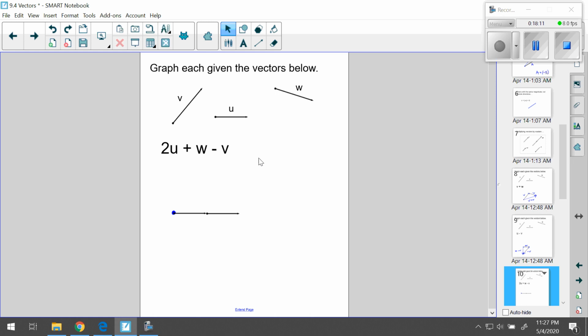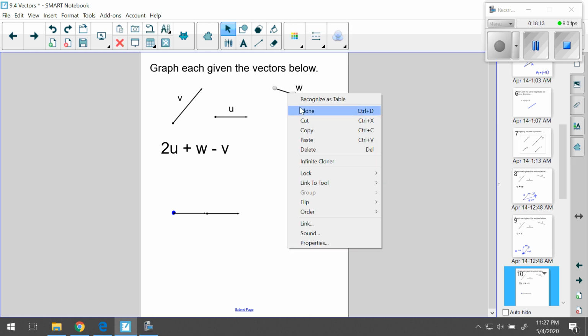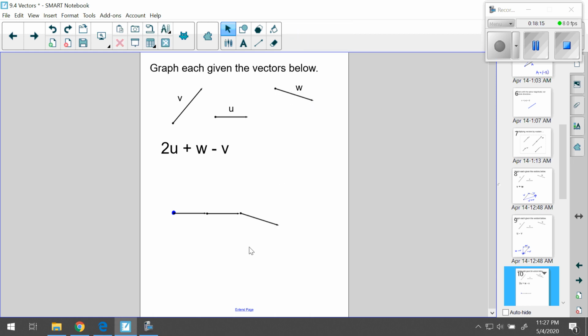And then we're going to add w. And so notice w is pointing down, so I'll just head whatever direction w tells me. So I kind of have like a u here, I've got a u here, and then I have a w. Okay, this part is represented by 2u.